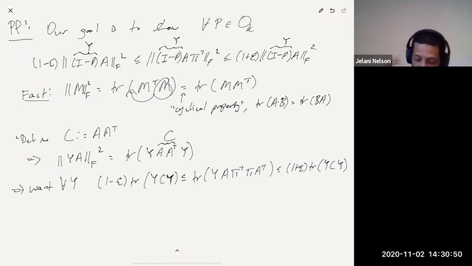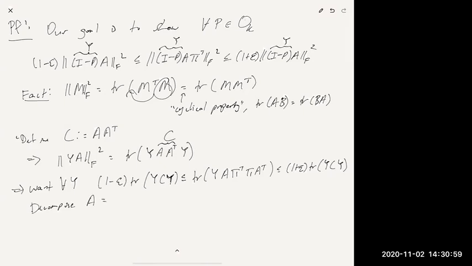Good. This is the equivalent. This is what I want to show. What I'm going to do is decompose A as AK plus A minus K.